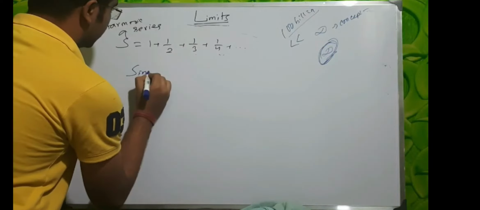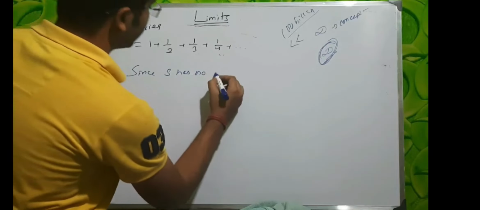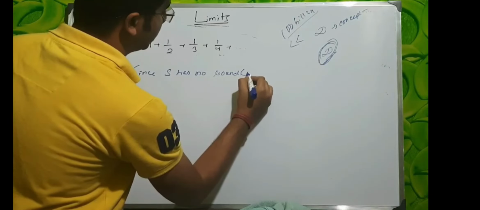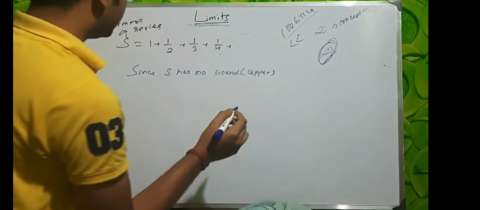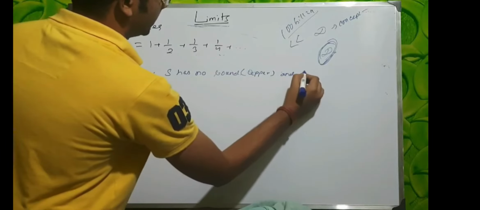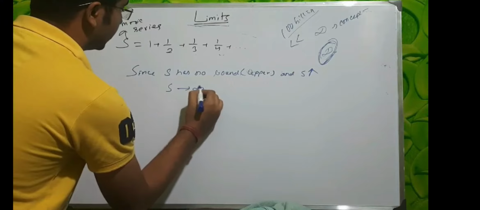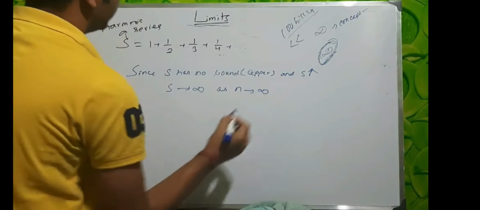Since S has no upper bound, and S is increasing, S tends to infinity as our number of terms n goes to infinity.